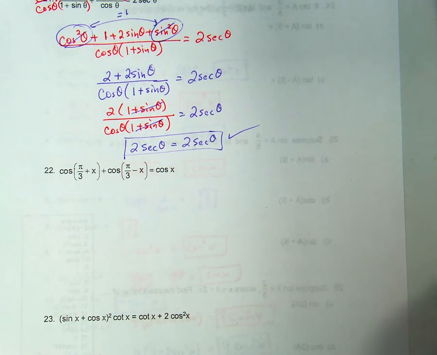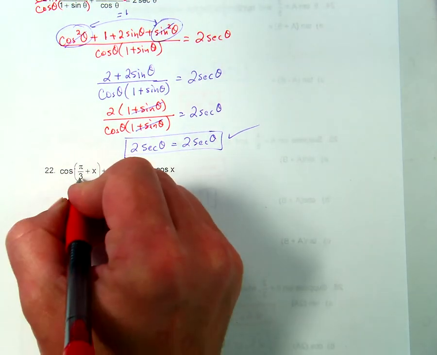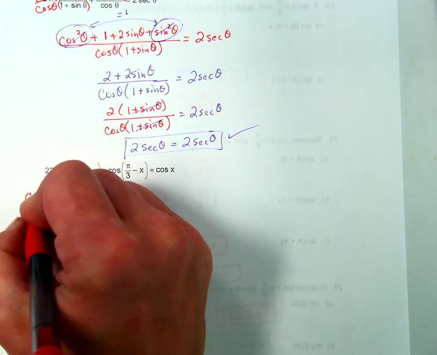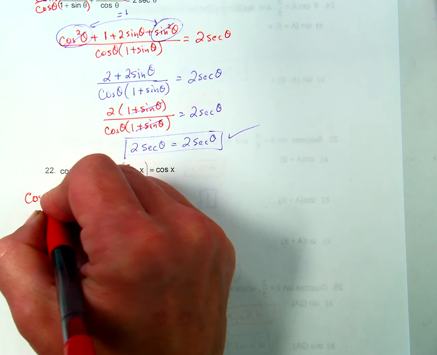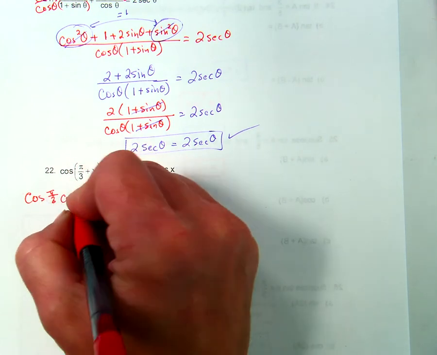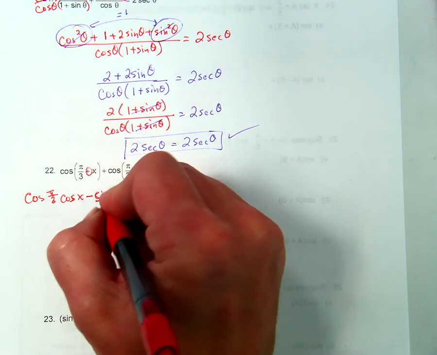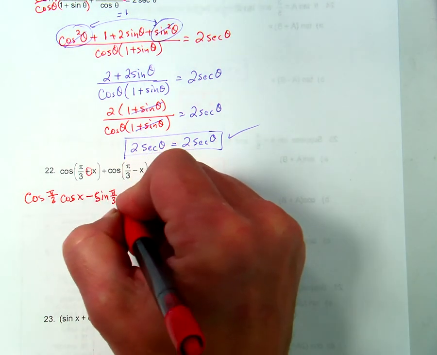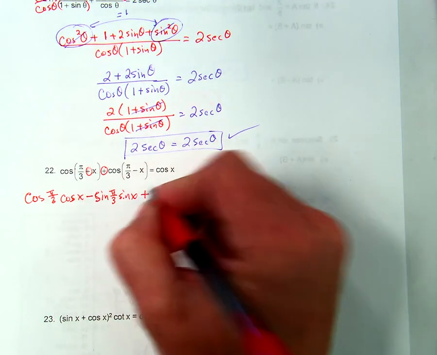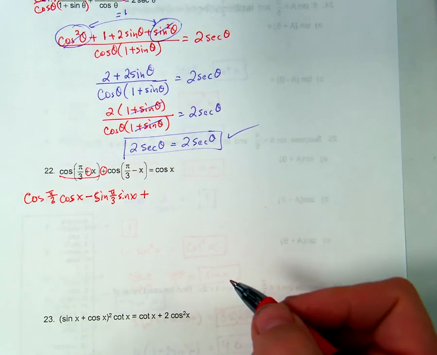So using our sum identities for cosine, we know that this is the same thing as, I'm going to start over here to the left a little bit, cosine pi thirds cosine x minus, because it's a plus, sine pi thirds sine x. Then we add the next part. That was just this part right there.